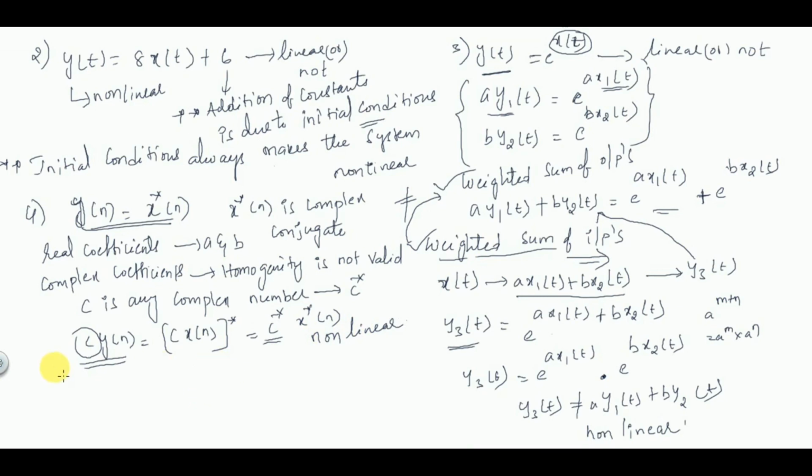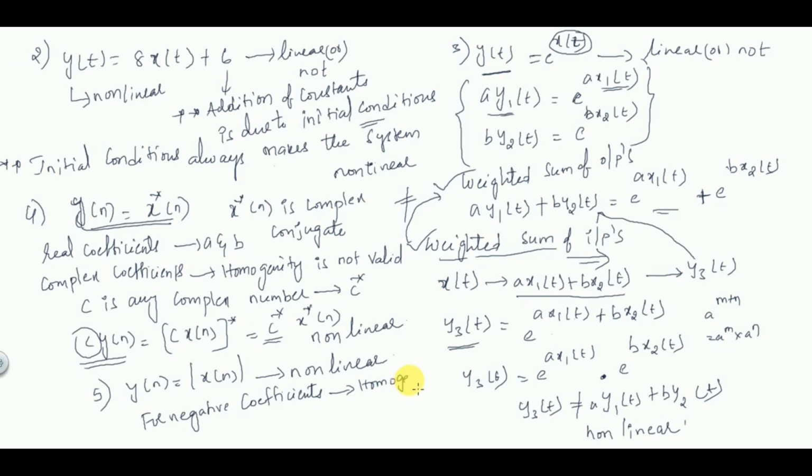Okay, so this is how we can solve. Suppose y of n is equal to modulus of x of n is the system given for you. Then in this case also the system is non-linear, because for negative coefficients, homogeneity is invalid.